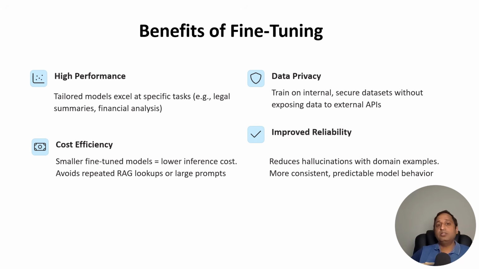The third one, cost efficiency. You might think fine tuning is expensive to start with. Yes, the training can be expensive because of the lot of computing power involved. But at inference time, it often saves you money. Why?